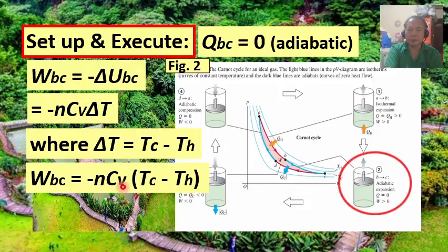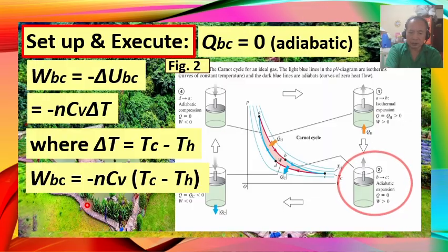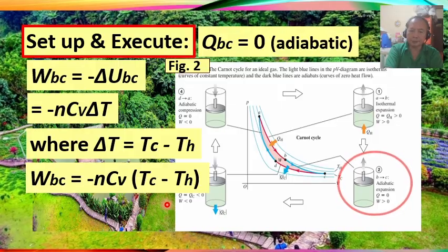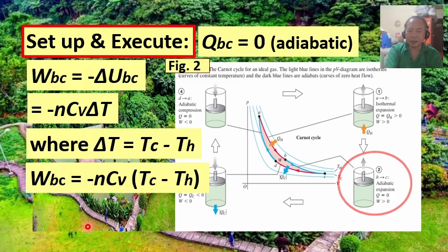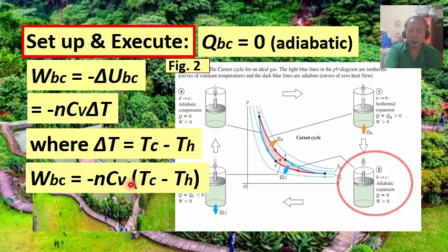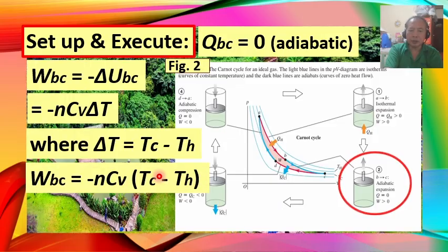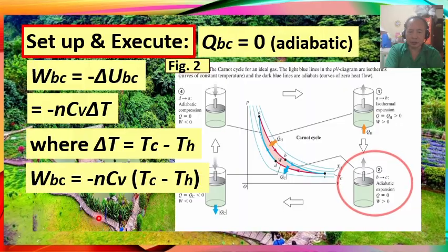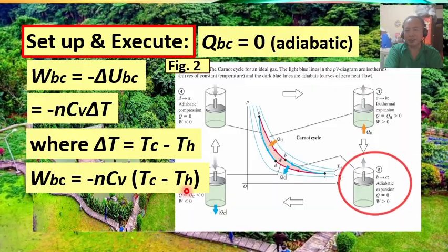And using the given value for C_B, getting rid of the negative sign here, we will multiply the right side of the equation by a negative 1, and that would mean our delta T will be reversed.